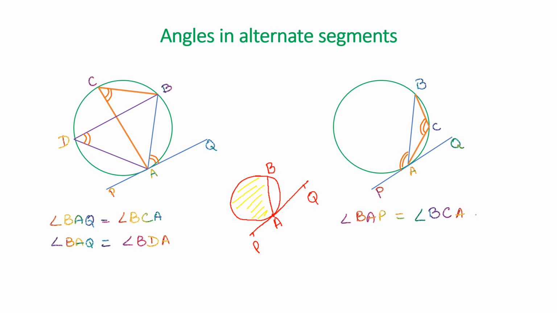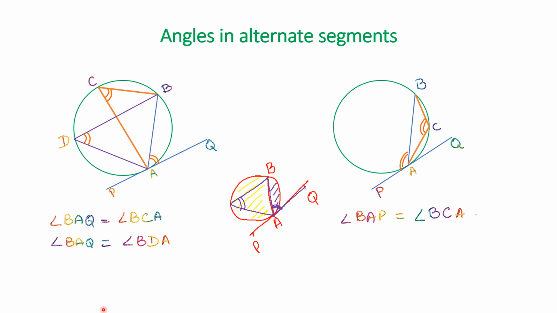One is the yellow segment and the other is the purple segment. When I talk about alternate segments, first one angle is made by the chord with the tangent, that is this angle. And in the alternate segment, I have to look at an angle like this. This will become the angle in the alternate segment.